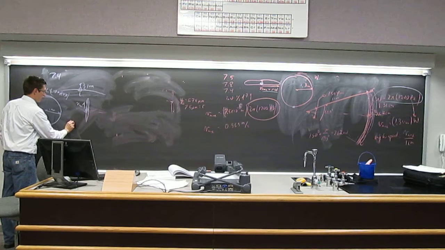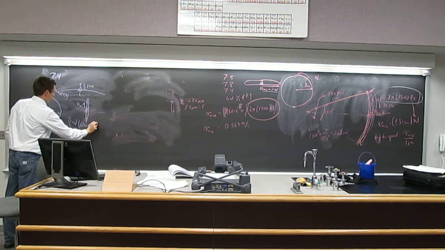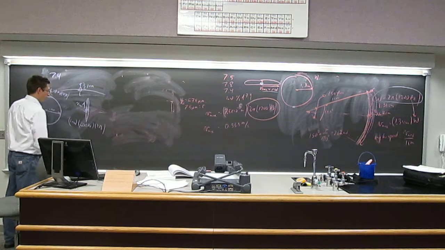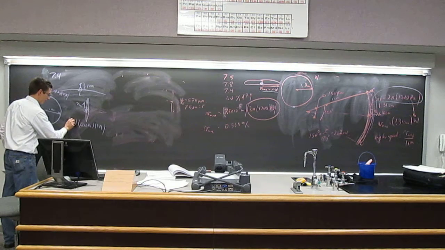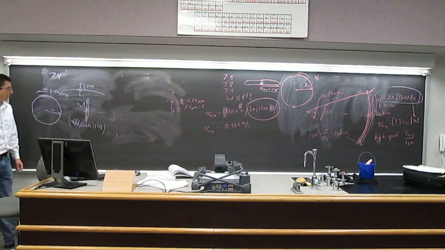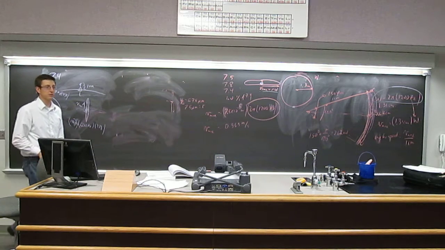That would be 1 nanometer times 600 hertz times 2 pi. So that's 1 times 10 to the negative 9. And so do this and you'll get the maximum speed.